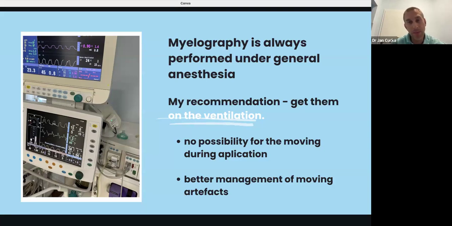Because you are able to do what you want. There are no breathing artifacts because you are able to manage some apnea during some kinds of scans. But usually for CT myelography, it's not necessary.